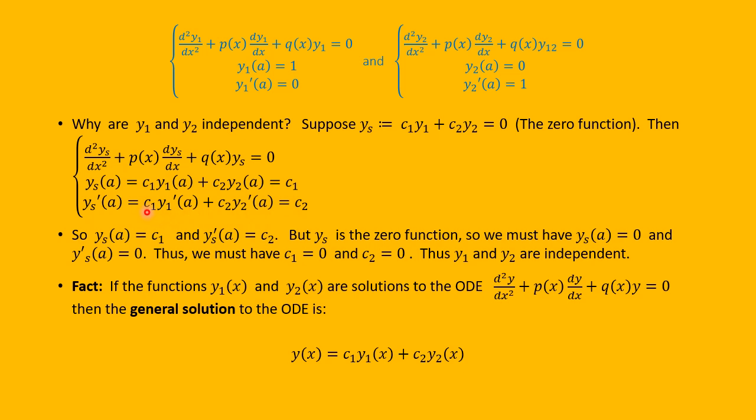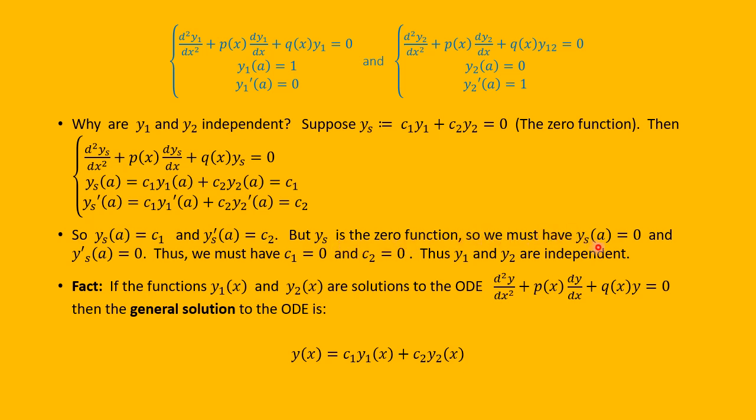This is going to be c1 times y sub 1 prime of a, which is c1 times 0, plus c2 times y sub 2 prime of a, which is c2 times 1, which is just c2. So what we have then is that y sub s of a is c1 and y sub s prime of a is c2. But y sub s is the zero function.